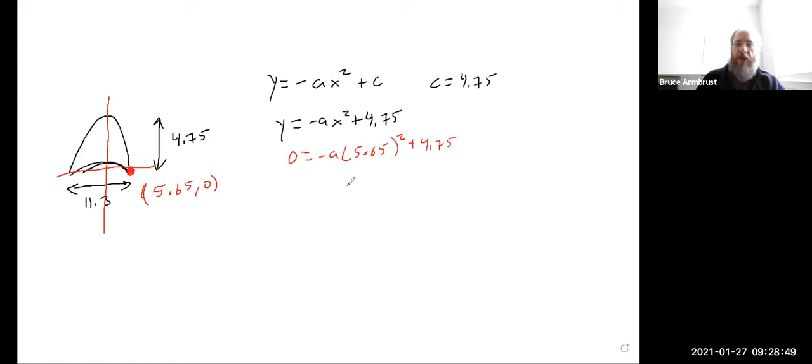And notice I can solve that for A. A is going to be 4.75 divided by 5.65 squared, whatever that number happens to be. But this now gives me the equation of that parabola, which is good. I need that, right? Without the equation of that parabola, I can't actually calculate this. All right, now I need to do something similar to find the equation of the circle.